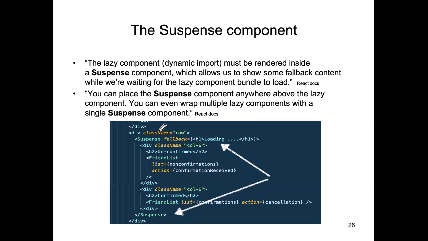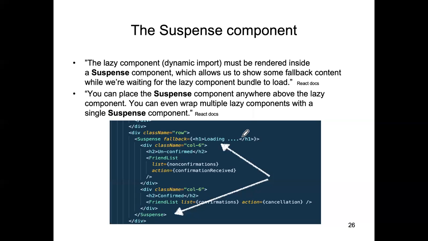So the way the React runtime interprets this is, as it's evaluating this, it sees that because this was dynamically imported, it needs to request a bundle associated with that. And while it's waiting for the bundle to arrive back in the browser, it substitutes essentially all of this with this.